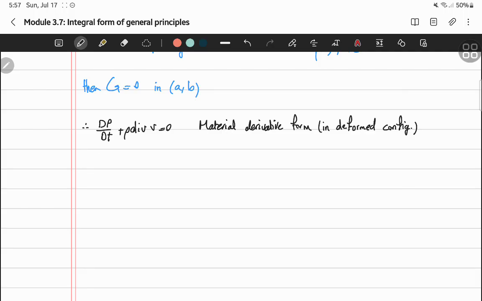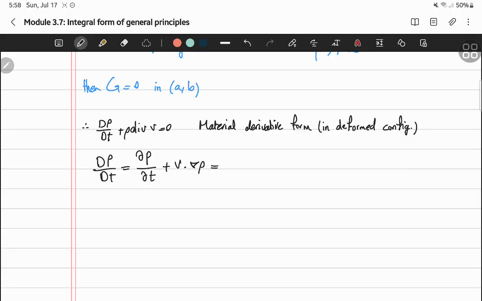And then if you recall, rho is a scalar value, so the material derivative of rho was equal to the partial derivative of rho with respect to t plus v dot del rho.